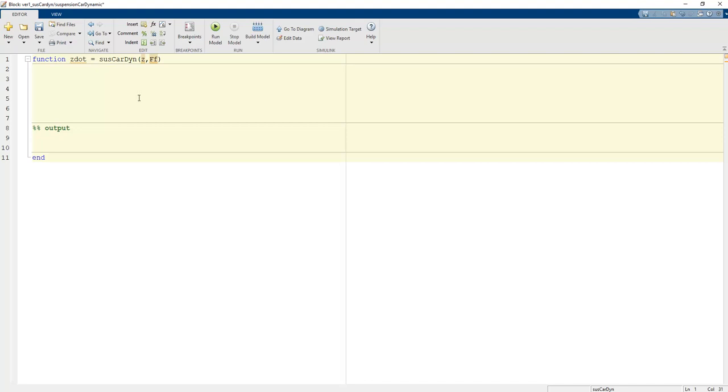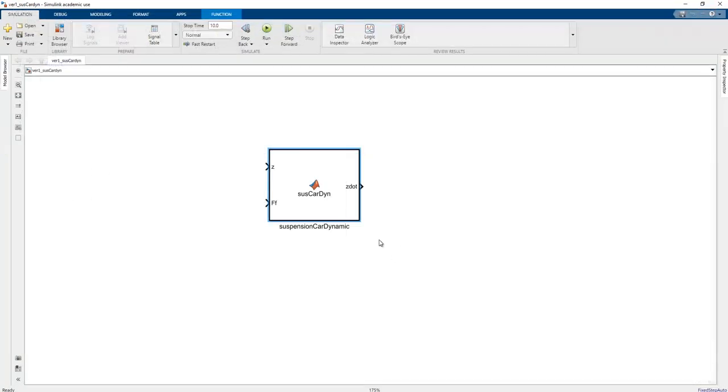And so we need to add this function block or the input arguments to our code. Okay, and so z dot can be obtained by Az plus Bff, because our system dynamics model creates this dynamic.